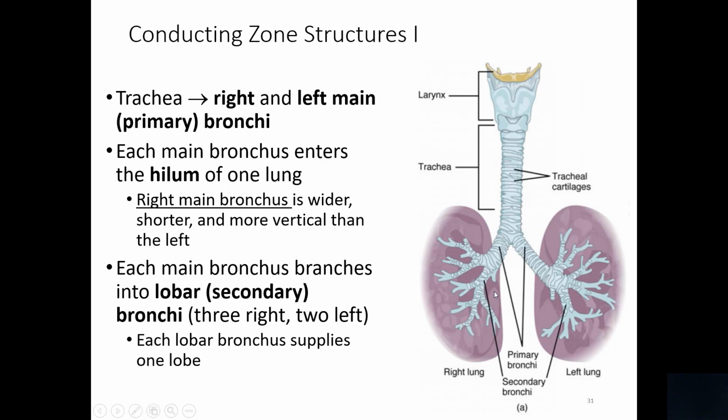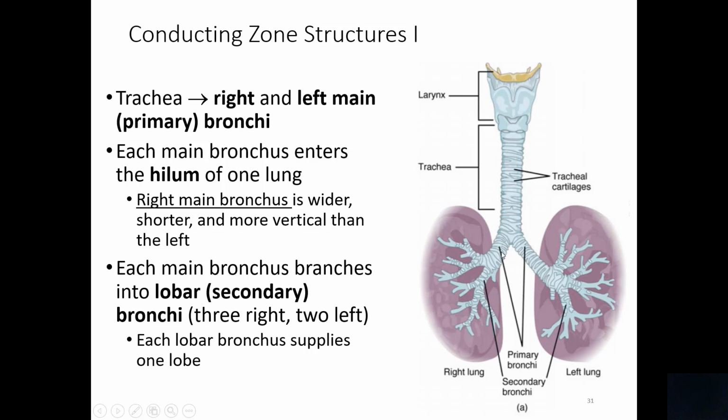Hilum is a place on the lung where bronchi and blood vessels and nerves enter the lung. Right main bronchus, this one, is wider, shorter, and more vertical, comparing with the left one, which is more narrow and less vertical. Why? Because right there, under the left bronchus, we have a heart.